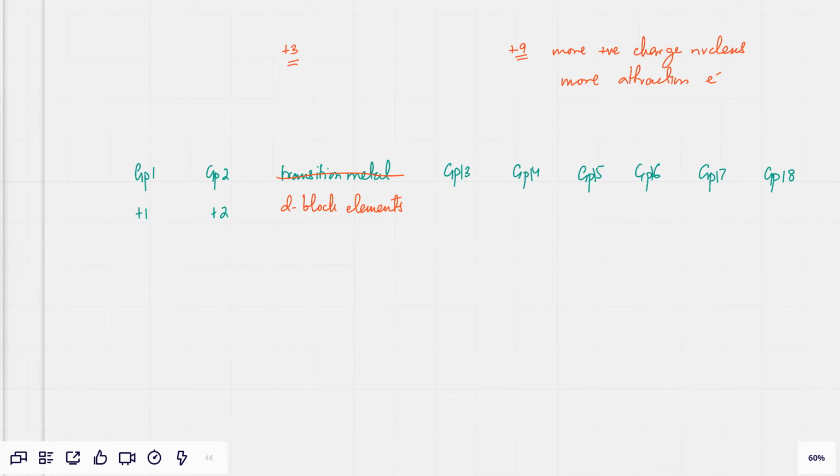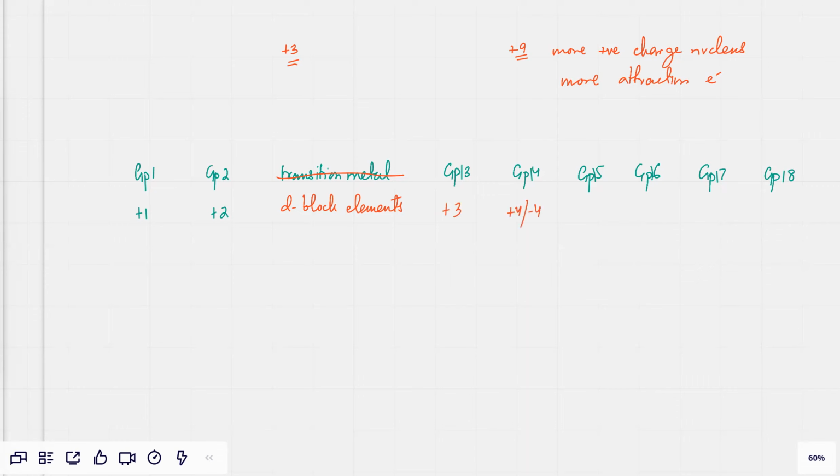So now group 3 will have a charge of +3. Similarly, group 4, what charge would group 4 have? +4, as it could have both +4 or -4. Group 5, tell me the charge of group 5.